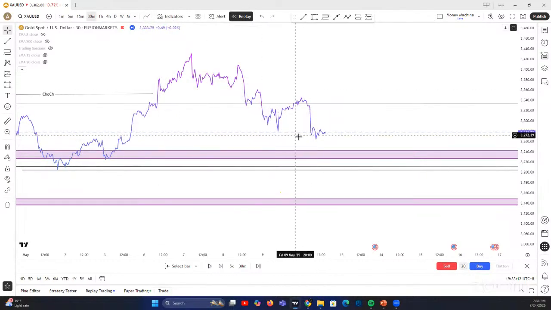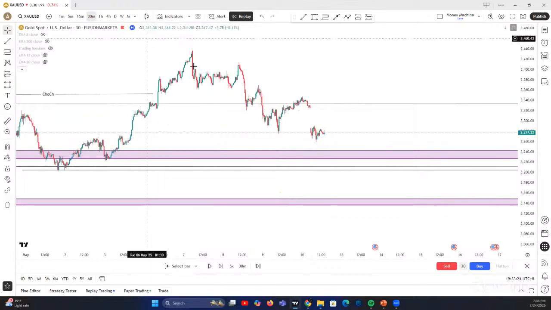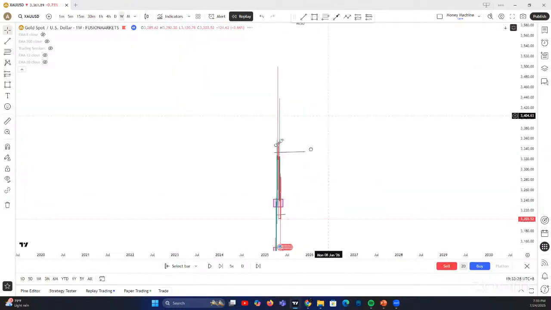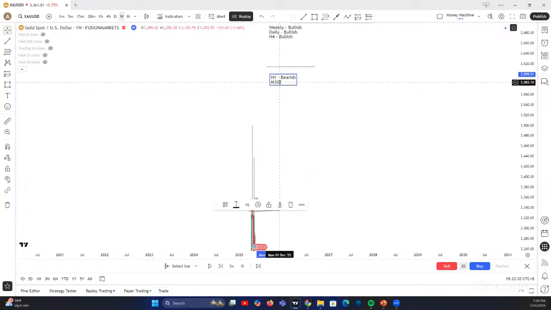See? There's always a lower V level here. So this V level is lower than this. So this is a lower low. So it's bearish. Okay. Very good. Go to your cheat code. Bearish.